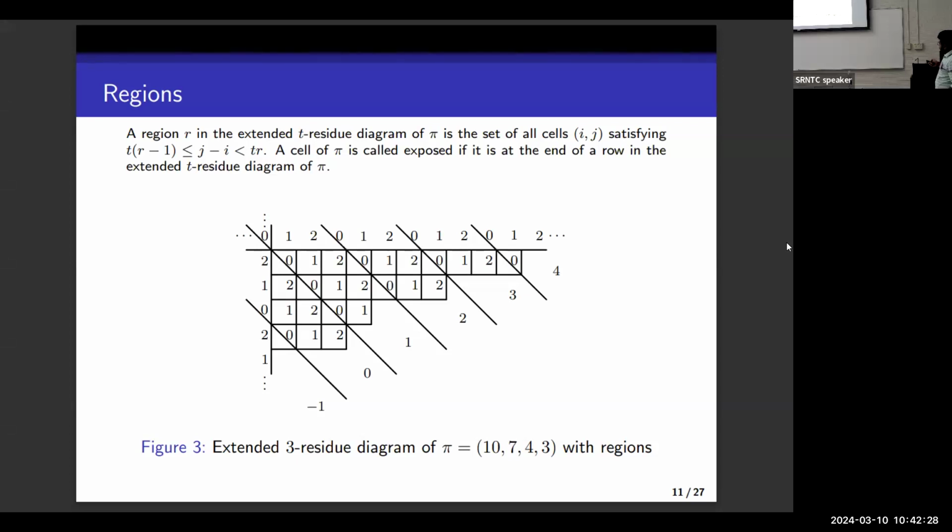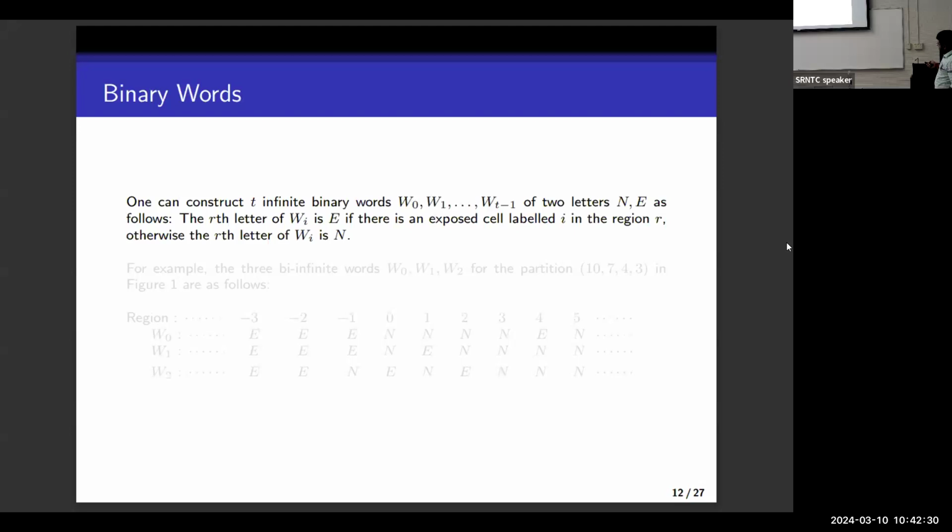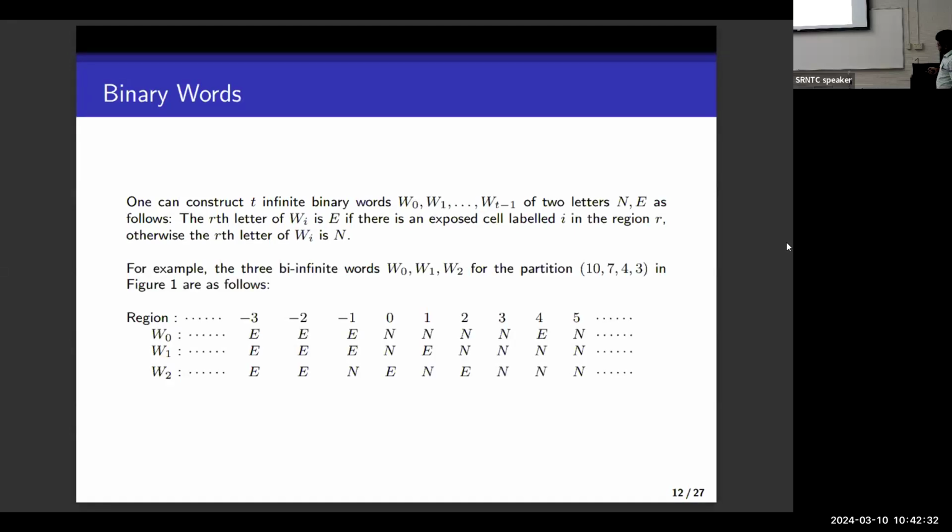And in that way, for all these infinite regions, we can construct these infinite binary words. So in our case, there are 3 infinite binary words because it was for t equals 3. So we construct these infinite binary words here, and everything to the left of these E's are E's because they are all exposed, and everything to the right of these N's are N's because they are all not exposed.